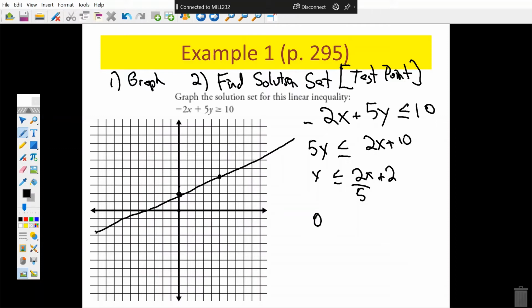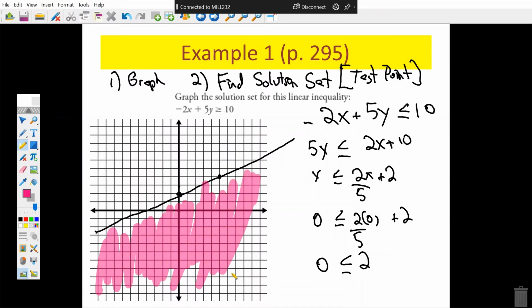Well, that'll become 0 is less than or equal to 2 over 5 times 0 plus 2. Well, 2 over 5 times 0 is 0. We're left with 0 is less than or equal to 2. Is 0 less than or equal to 2? Yes, it is. That means that the solution set is everything below this graph, okay?